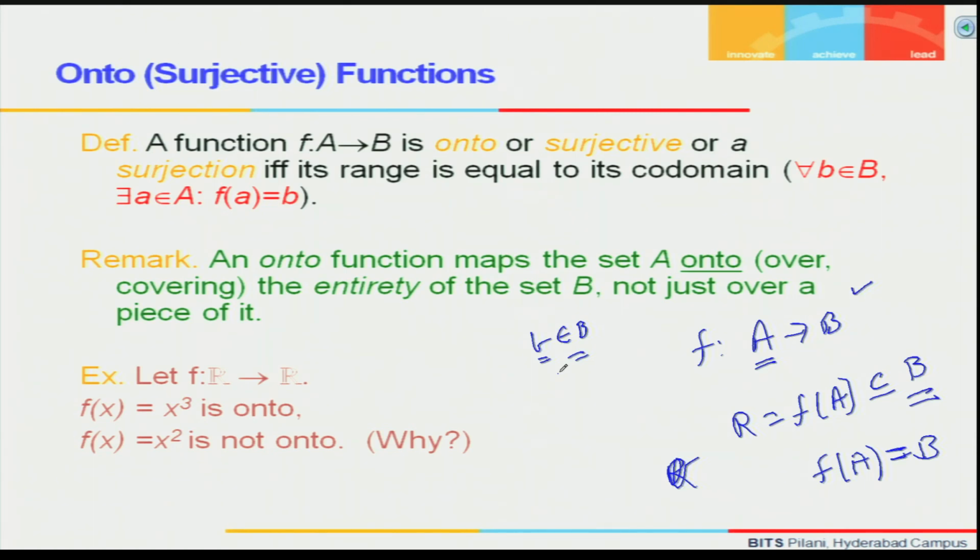What does it mean? You take any element in B, say let b be any element, then you are able to find an element a in A such that f(a) is equal to b. If you can do it for all the elements of B, that is, all the elements in B have a pre-image in A, then we say that the function is onto, otherwise not.